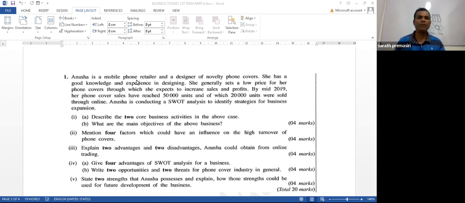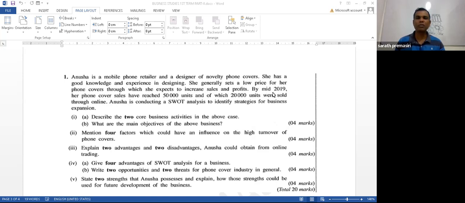Anusha is a mobile phone retailer and a designer of novelty phone covers. As a retailer, she is designing novelty phone covers. She has a good knowledge and experience in designing. She generally sets a low price for her phone covers, through which she expects to increase sales and profits.